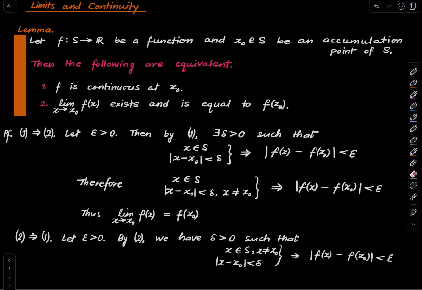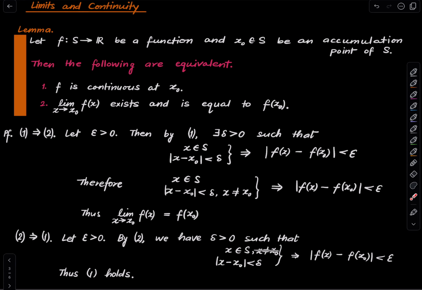So we may as well drop this special insistence, and still this implication holds. And if this implication holds, then we have found a delta responding to this epsilon, and hence 1 holds. Therefore 1 holds, and we are done. So this was a really simple exercise.